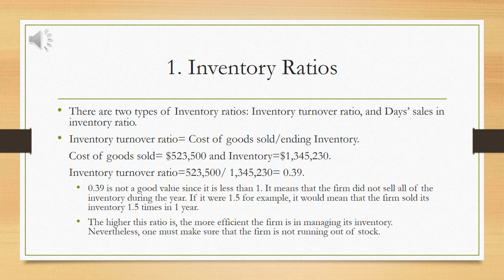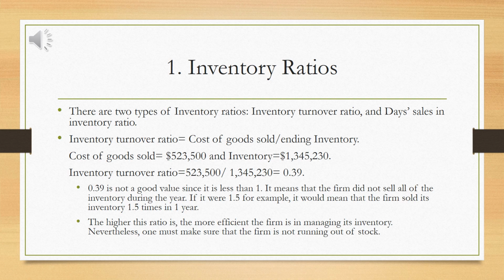And since the balance sheet given is of 31 December, inventory is the ending inventory. So ending inventory equals 1,345,230. So the inventory turnover ratio equals 523,500 over 1,345,230, which is 0.39.